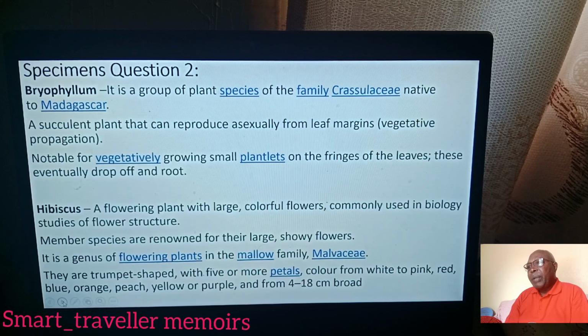It's a succulent plant that can reproduce asexually from leaf margins, what we call vegetative propagation. It is notable for vegetatively growing small plantlets on the fringes of the leaves. These eventually drop off and form roots.